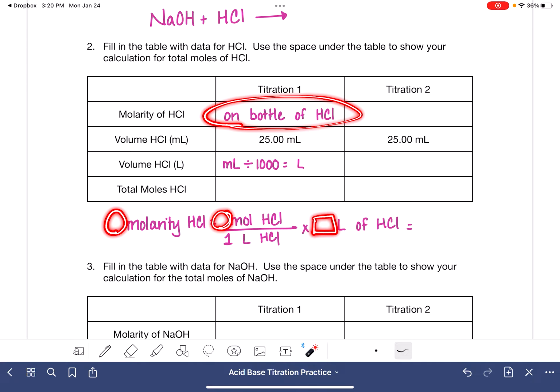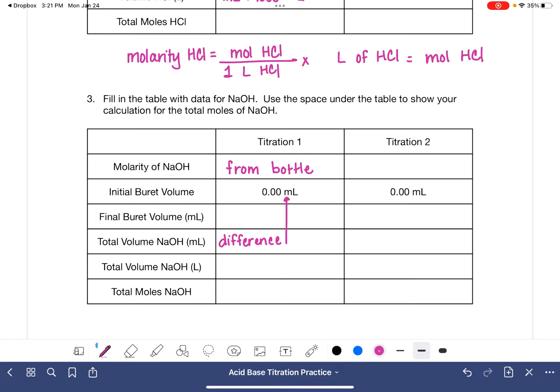The total volume that you dispense is just the difference between the initial volume and the final volume. And since the initial volume is 0, this is really easy. Then you're going to convert that milliliter into liters by dividing by 1,000. Again, you want the total volume to convert into liters.